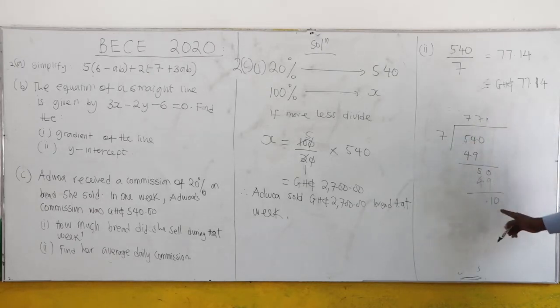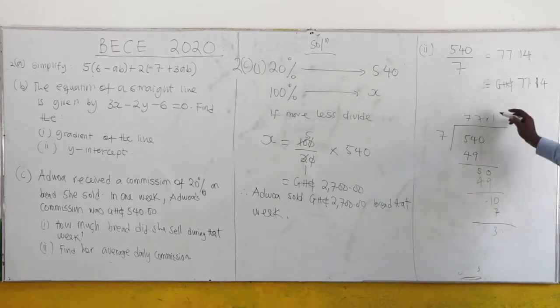Now, 7 will go into 10. How many times? That is 1 time. 1 times 7, we have 7. Now, we have to go 1 from here to this. So that will be 10 minus 7, this is giving us 3. So we have to bring 0 here. 7 will go into 30.